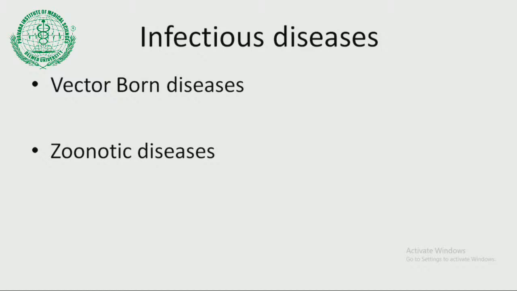When the rat flea bites human beings, the disease plague is transmitted to human being. So a vector is involved and the disease is of animals. So it is a zoonotic disease as well as vector-borne disease. So you should know the definitions of both the diseases, the similarities and the differences.